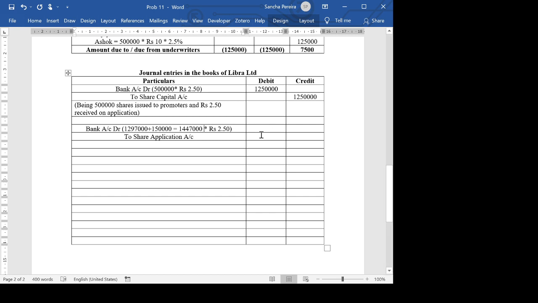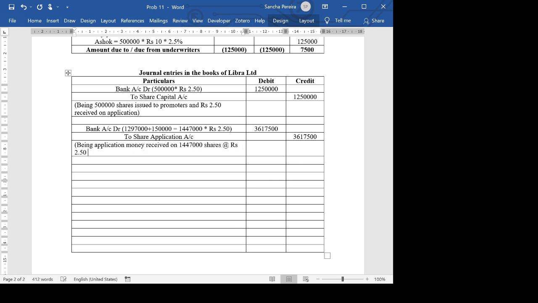So that comes to 36 lakhs 17,500. So being application money received on 14 lakhs 47,000 shares at the rate of rupees 2.50 per share.